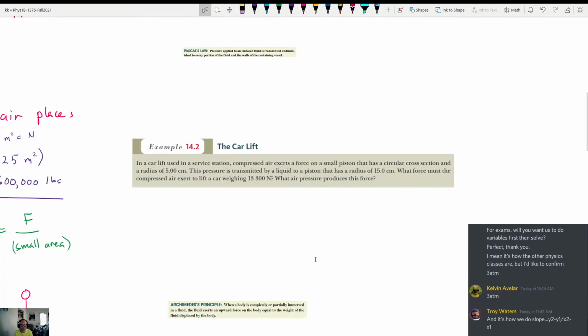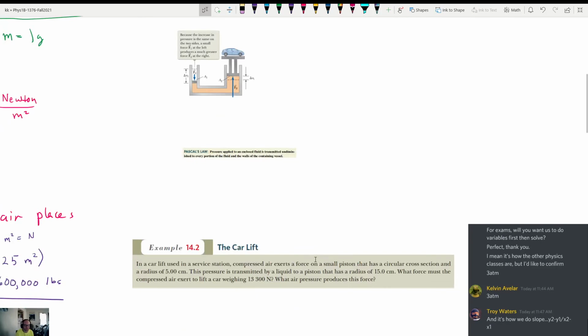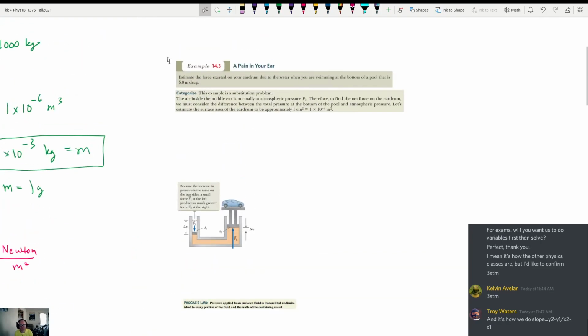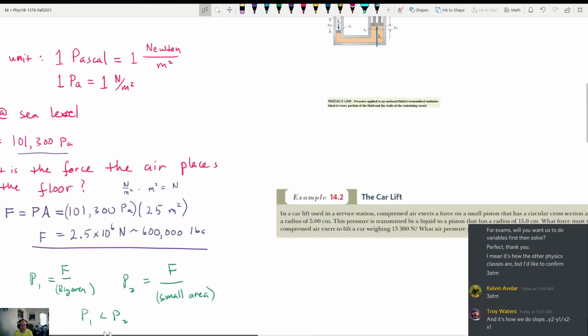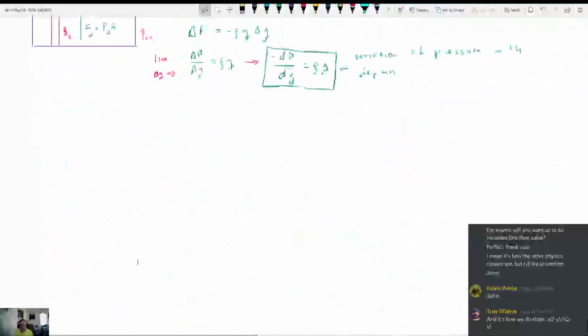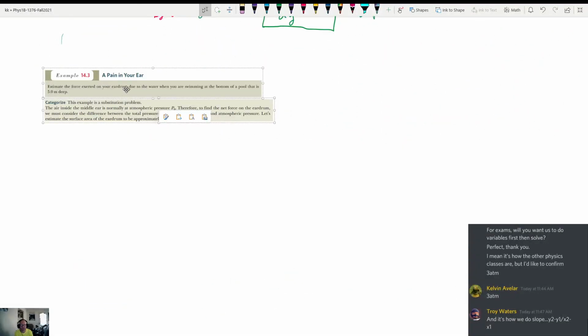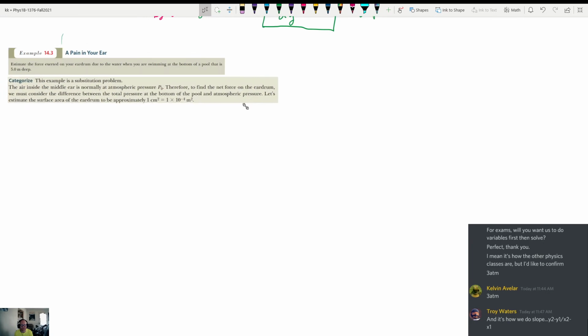I kind of want to do this problem, and then we'll come back and talk about Pascal's principle afterwards. Let's make this a little bigger so you all can see it.